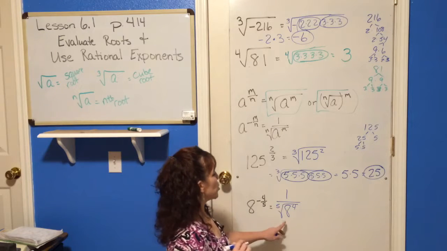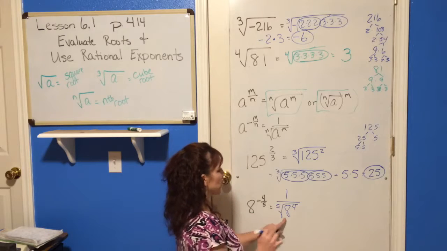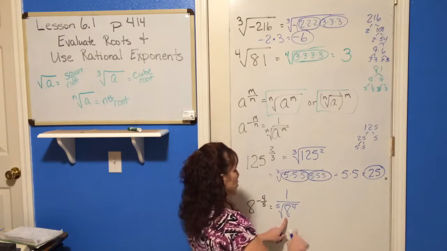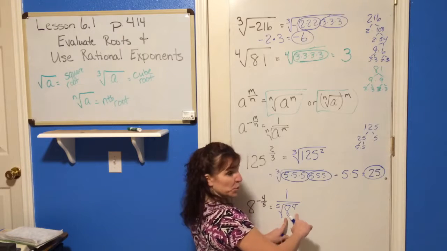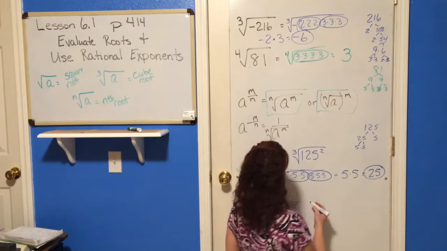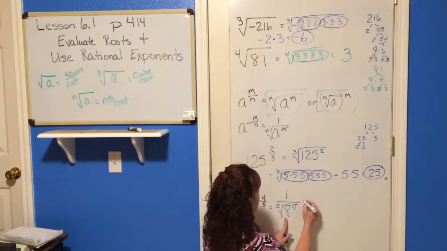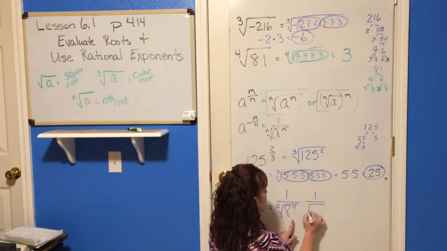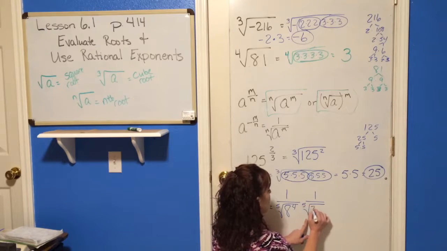If we had 5 of them, that would be great. We could just bring the whole 8 out, but we don't. I happen to remember that 8 is 2 times 2 times 2.